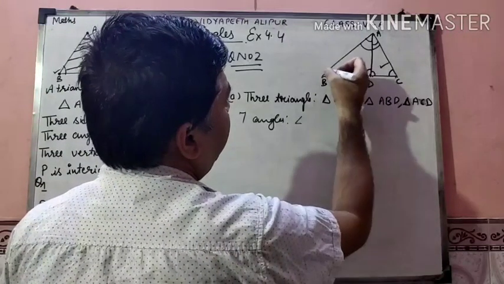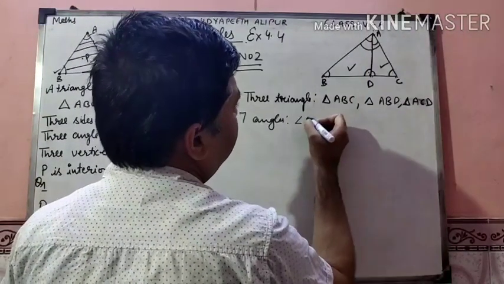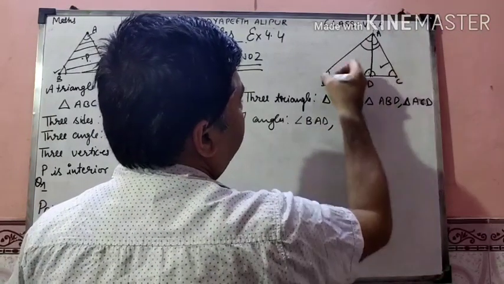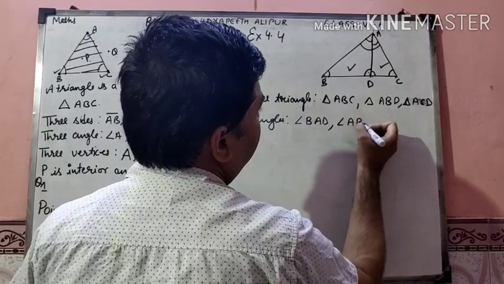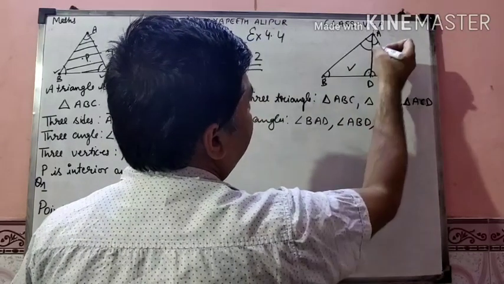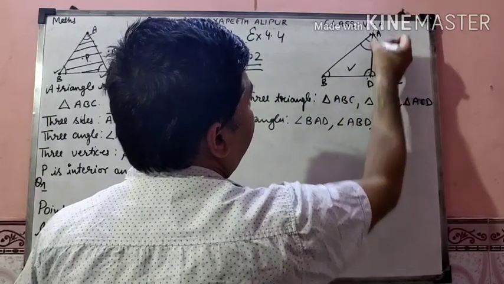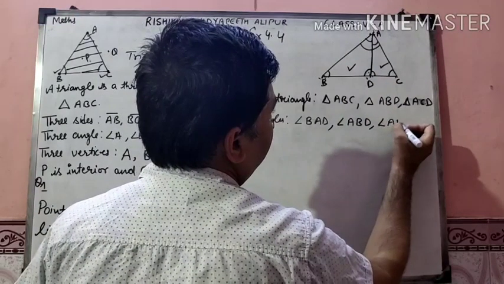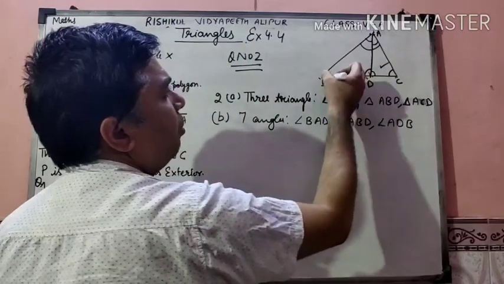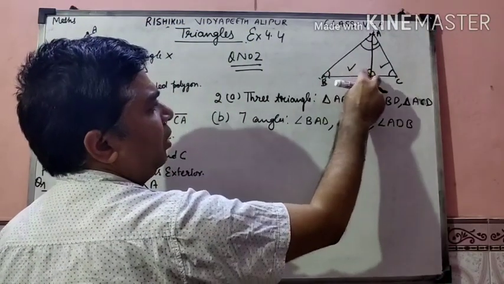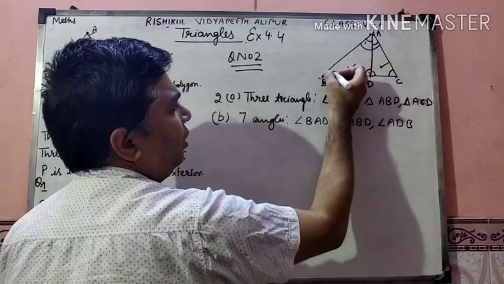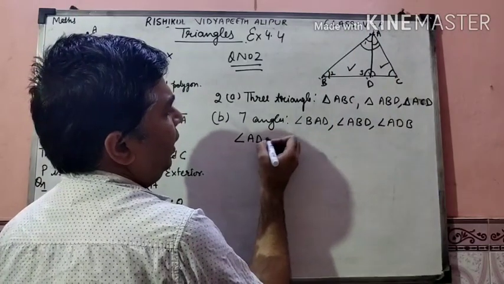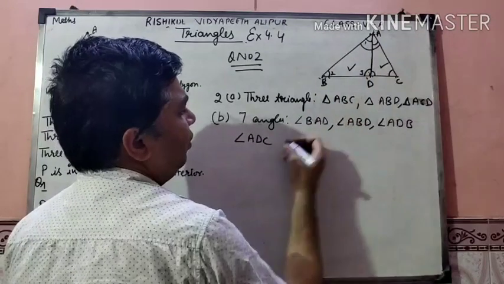First one is BAD. Second one is ABD. Third one is ADB. First angle, second angle, third angle. You can mark them like this. Fourth one is ADC.